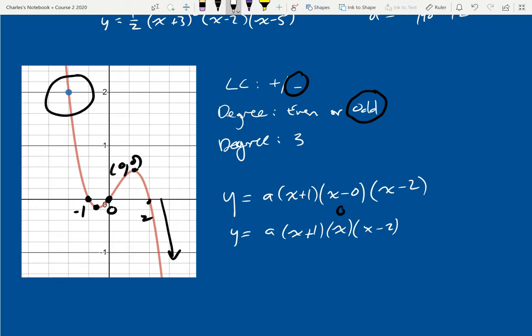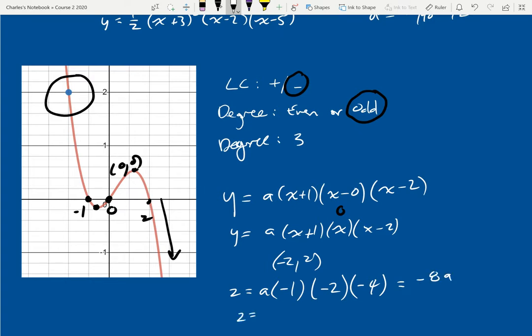I can figure out that that point looks to me like it's -2, 2, which means when I plug in -2 for x, I should get 2 for y. So when I do -2 plus 1, I get -1. When I do -2 minus 0, I get -2. When I do -2 minus 2, I get -4. When I multiply all those three things together, I get -8a.